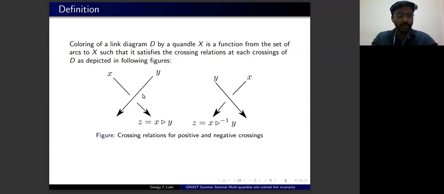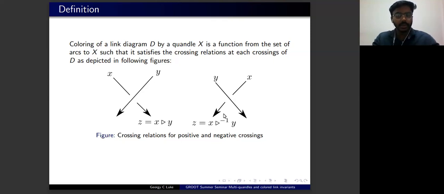For a positive crossing, if the overstrand is labeled by Y, the incoming strand is labeled by X and the outgoing strand is labeled by Z, the crossing relation is that Z should be equal to X del Y. Similarly, at the negative crossing, the crossing relation is Z is X del inverse Y.